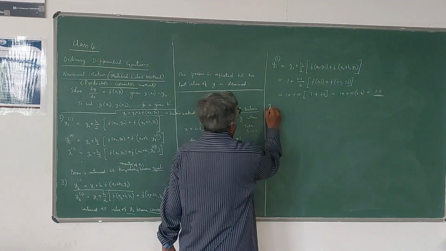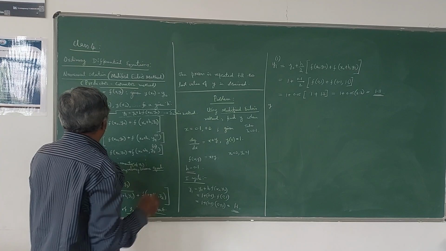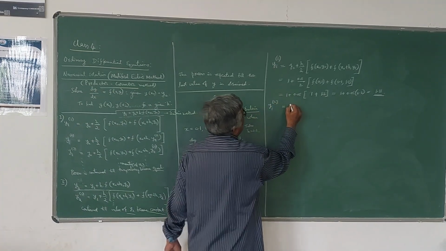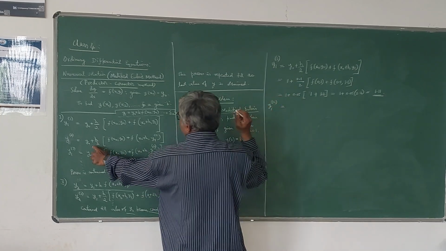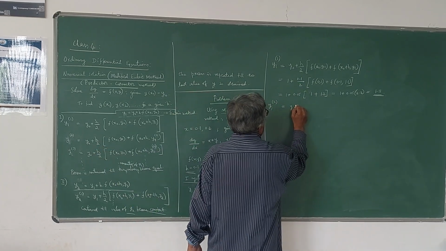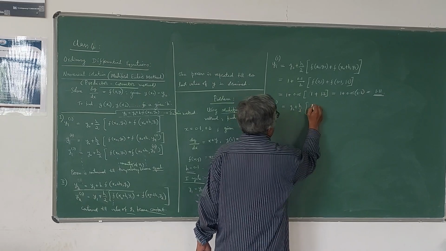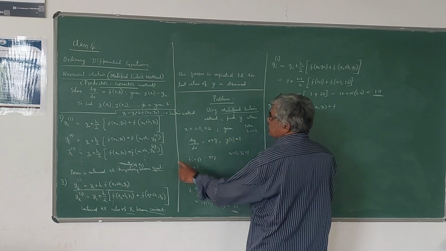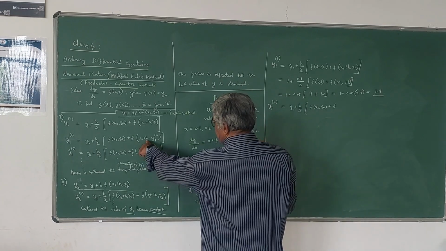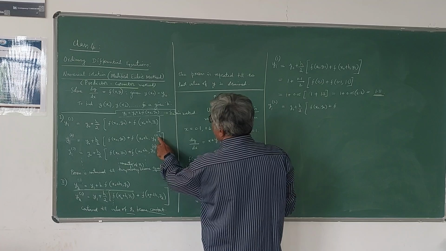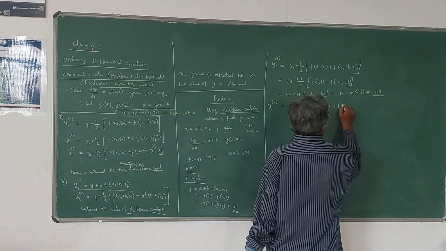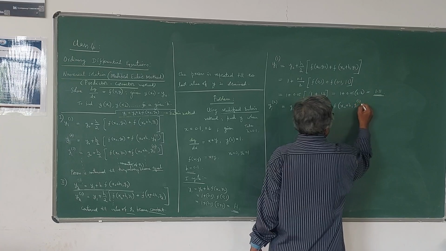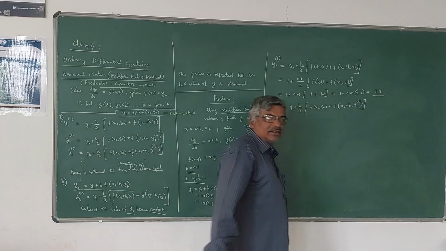Then we will go to the second iteration, y1 of 2. y1 of 2 is the same: y naught plus h by 2 into f of x naught comma y naught plus f of x naught plus h, but here y1 of 1 we have to take instead of y1. Got it?